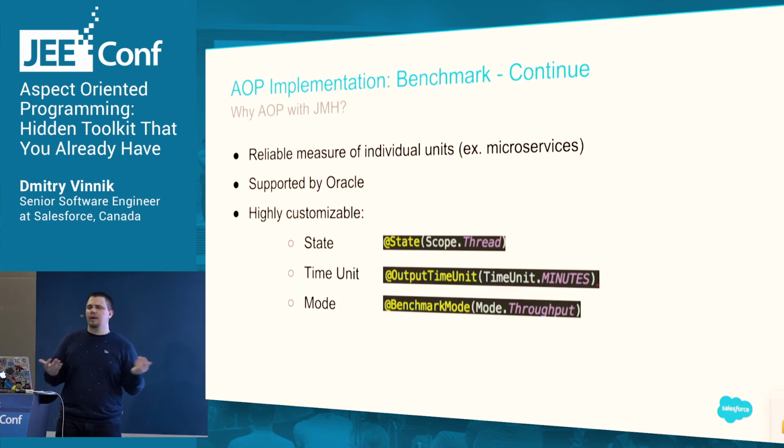Why I actually like JMH, even though I haven't used it as much, among the other benchmarks: they say writing a benchmark is very hard to begin with. But the thing about JMH, they claim at least, is that they're pretty good at testing processes individually.